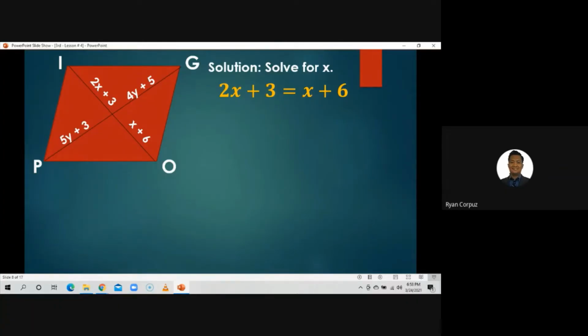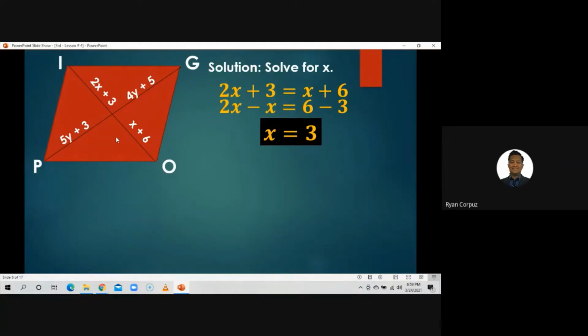So we come up with 2x plus 3 is equal to x plus 6. So move x to the left side while 3 to the right side. We'll come up with 2x minus x, which is equal to 6 minus 3. Simplifying it, x is equal to 3. So the value of x now is 3.